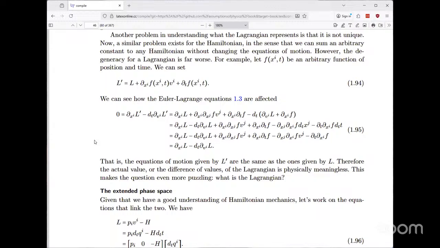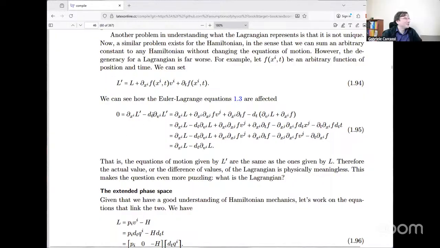We can see how the Euler-Lagrange equations 1.3 are affected. Equation 1.95. This is just basically taking this and substituting. So let's see if I can pick up the parts. Okay, so this would be the term for the original Lagrangian, right?